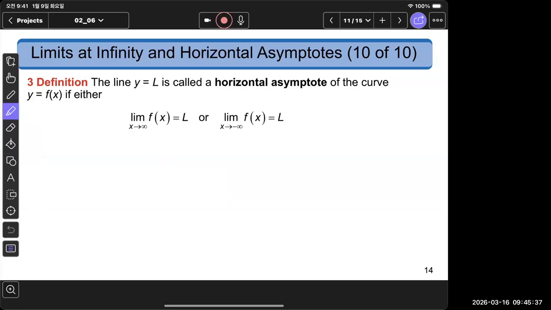And the line L is called a horizontal asymptote if the limit of f of x as x approaches plus infinity is L or negative infinity is L.